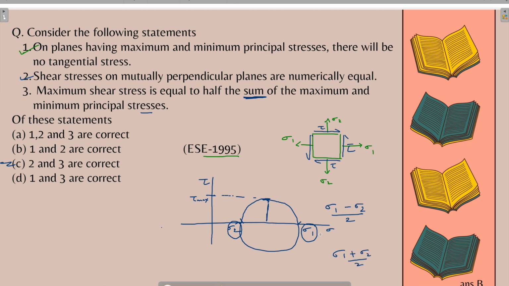This quantity, sigma x plus sigma y by 2, represents the center of the circle. The center of the circle is sigma 1 plus sigma 2 by 2, but the radius is sigma 1 minus sigma 2 by 2. So the third statement is wrong. Out of these, 1 and 2 are correct, so option B is the correct option. The answer is B.